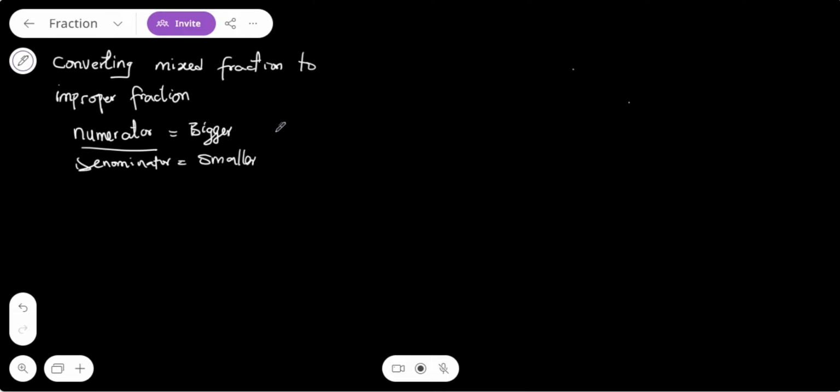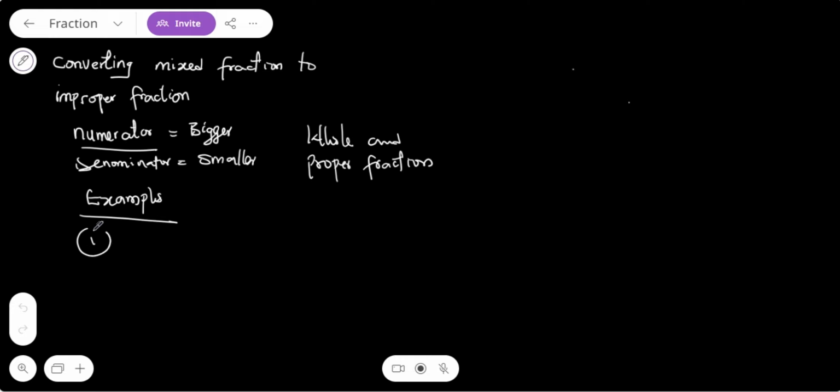Whereas a mixed fraction is a fraction that has a whole number and a proper fraction. A whole number and a proper fraction. So examples of mixed fraction.